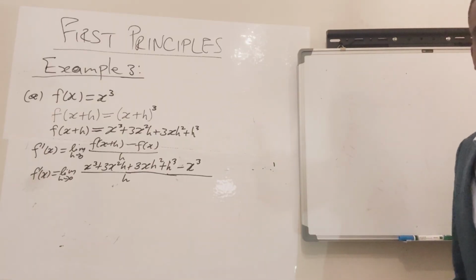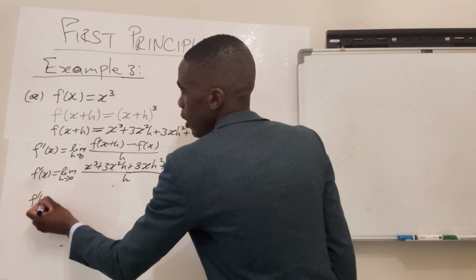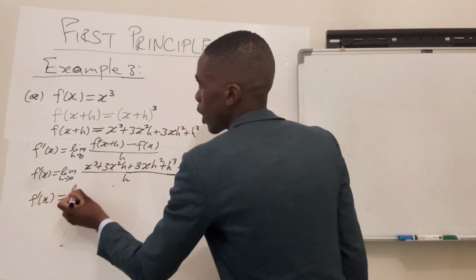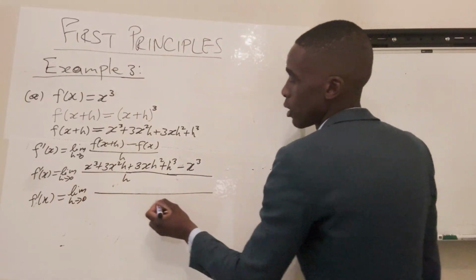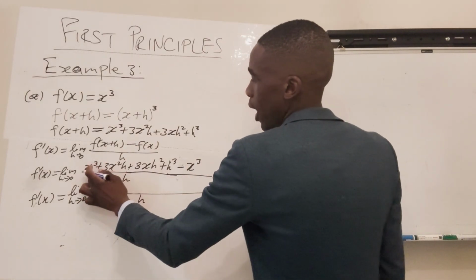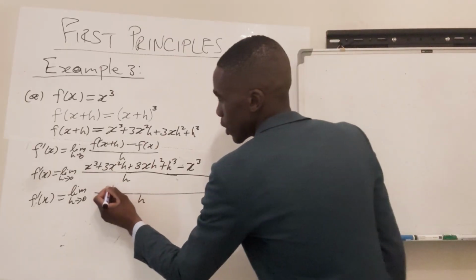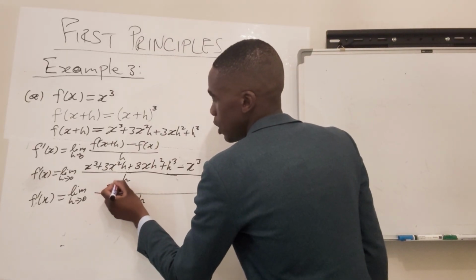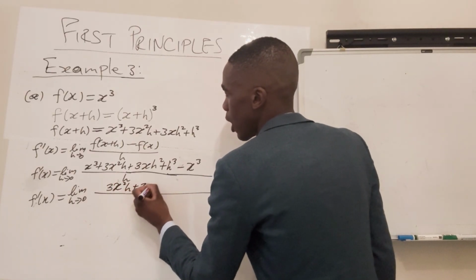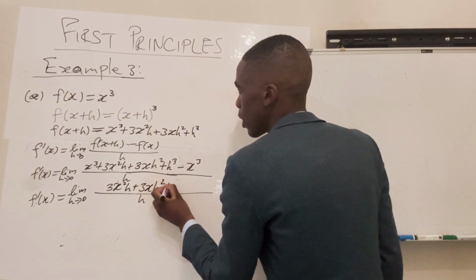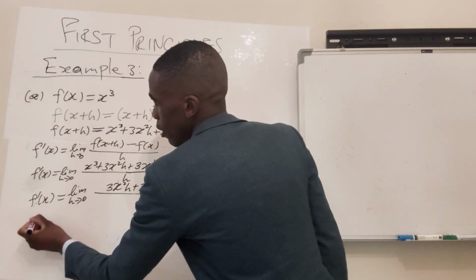How do we get minus f of x? That would then give f prime of x is equal to the limit as h approaches 0, all over h, of x cubed minus x cubed, that gives a 0. Are we together? That gives a 0, so that we have 3x squared h plus 3xh squared plus h cubed, which will therefore be f prime of x.